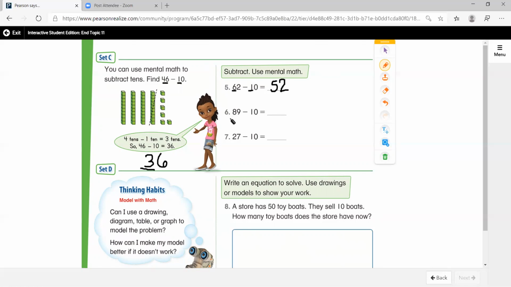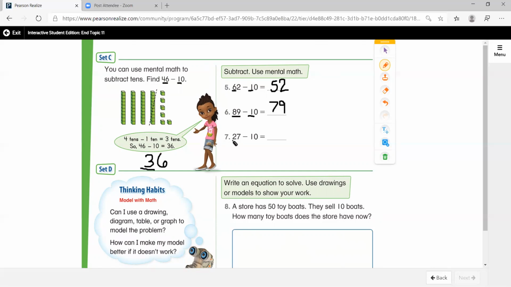If you take a look at number 6, we have 89 minus 10. I have 8 in my tens place for 89. I have a 1 in my tens place here. 8 minus 1 is 7. And because we're counting by 10, our ones place is going to stay the same. So 89 minus 10, I keep my ones place the same. 79 is the answer.